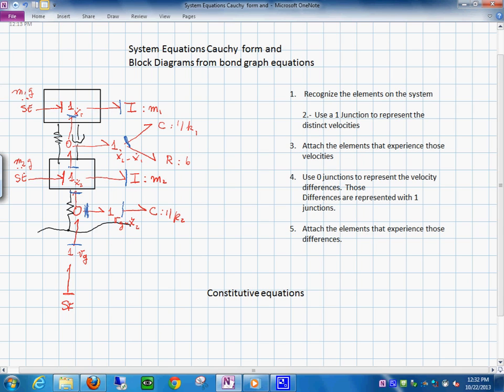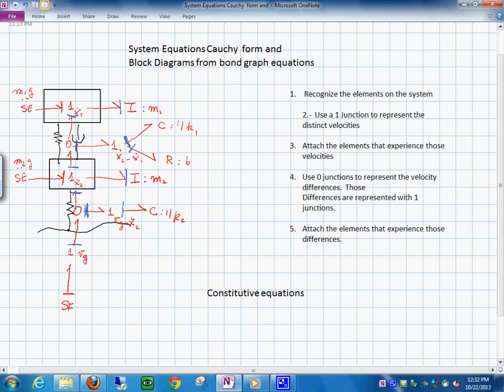Help me if I miss one, okay? 9, 10, 11, 12, 13, and 14. 14 bonds we have.